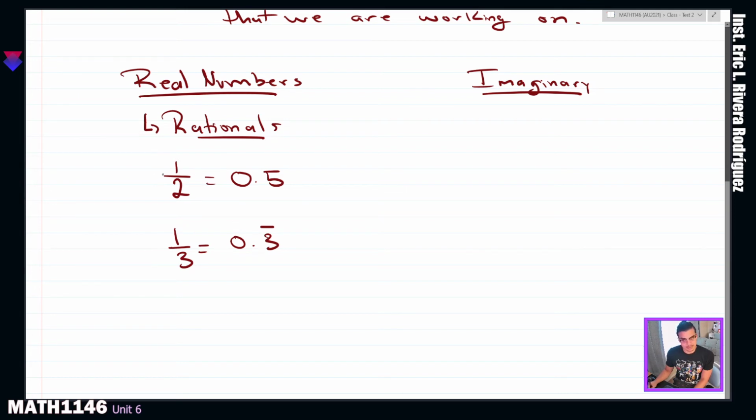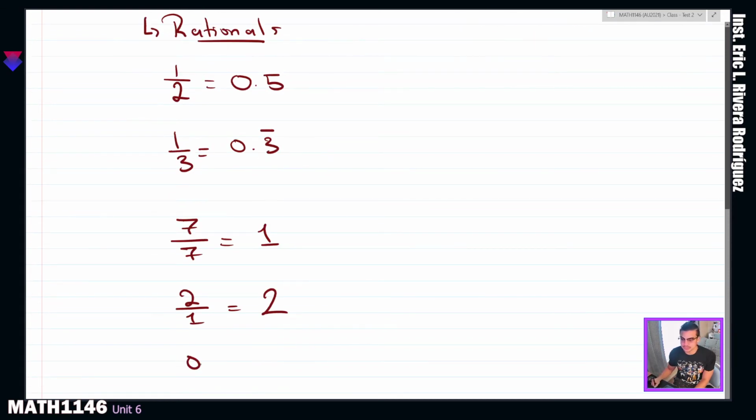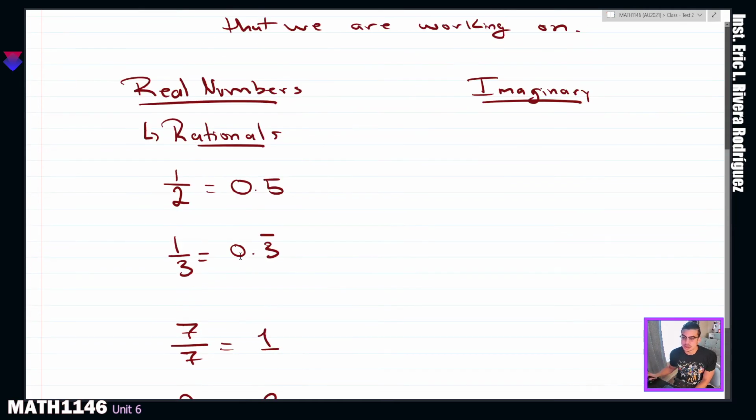So the easiest way to identify a rational number is if we are able to put that value into a fraction, hence it is a fraction, it is a rational number. Integers are also rational numbers. Any integer can be written as a fraction. So those are rational numbers.